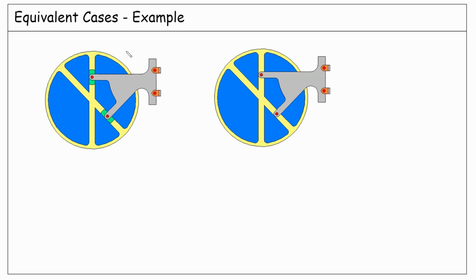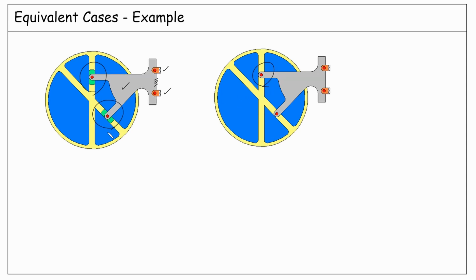Also, in this last example, we want to find the equivalent simplified system. First of all, we notice that since the body in gray is double pinned to the ground, it won't be considered as a movable body and is assumed as the extension of the ground. As you see, we have a slider here moving along a slot while it is also pinned to another body. We can replace it with a pin on a slot joint.